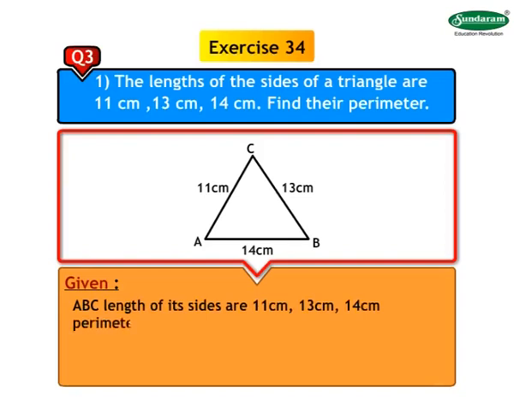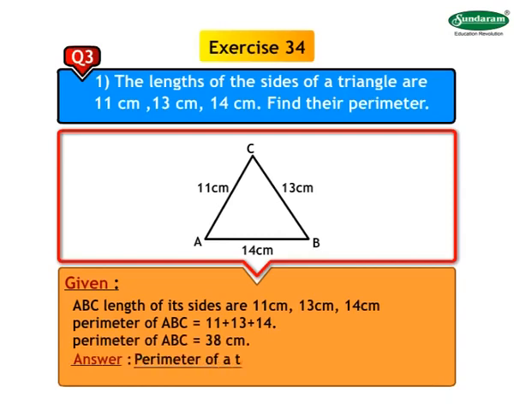Therefore, perimeter of the triangle ABC is equal to 11 plus 13 plus 14. Therefore, perimeter of the triangle ABC is equal to 38 centimeters. Answer. Perimeter of a triangle with sides 11 centimeters, 13 centimeters and 14 centimeters is 38 centimeters.